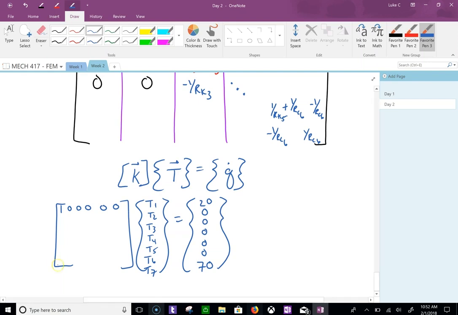And then this row should have 6 zeros and a 1. So we can basically say that T1 and T7 are automatically going to be 20 and 70. Oh, that's easy enough.